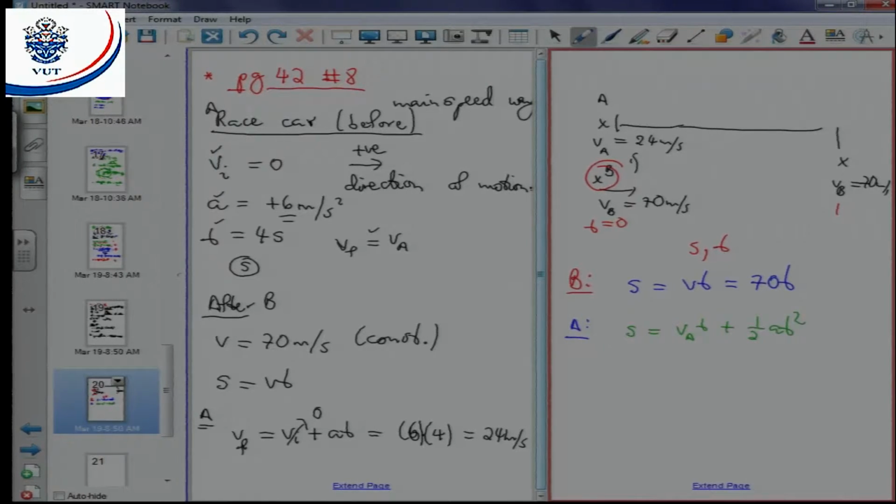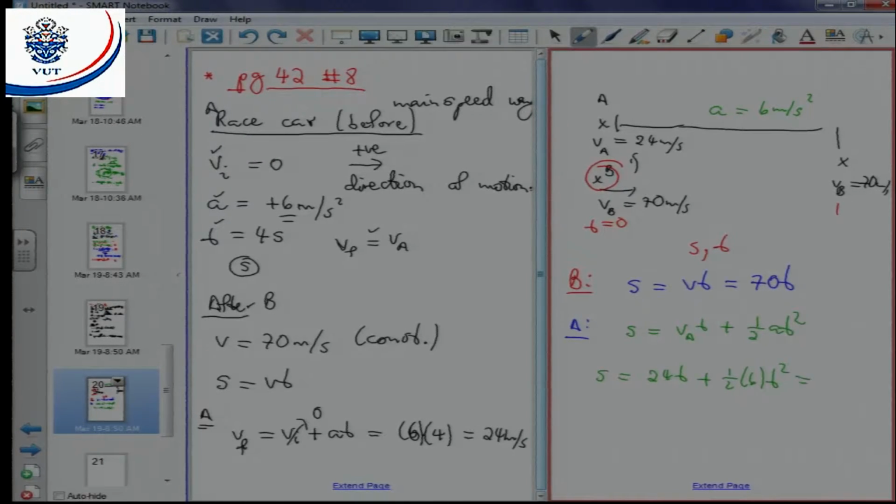So 1/2 AT squared, and remember that the driver A maintains the acceleration A, which is 6 meters per second squared throughout the race or before they catch up. So here we know that S equals VA, which is just 24, we don't know the time, plus 1/2, the acceleration is 6, we don't know the time, T squared.